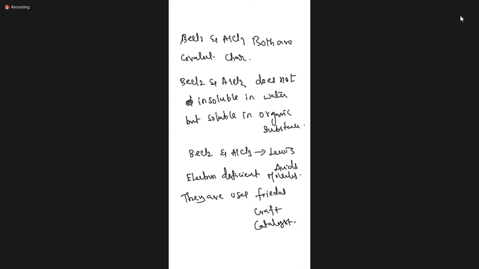Sir, can you show the previous page? Yeah, one second. Please let me complete this one and show the previous one. Can I erase this page?